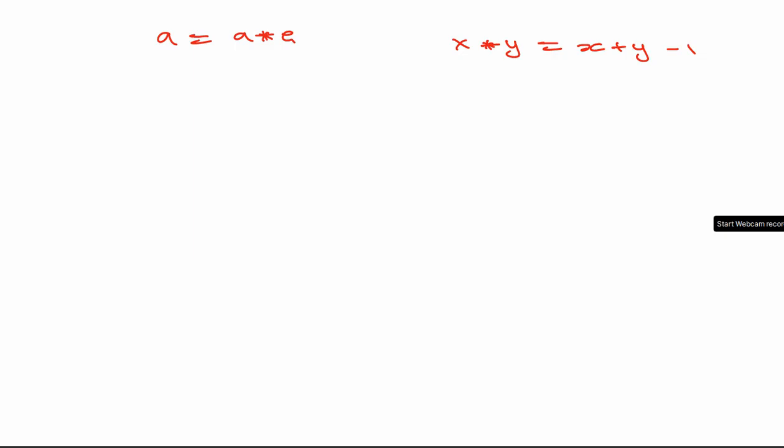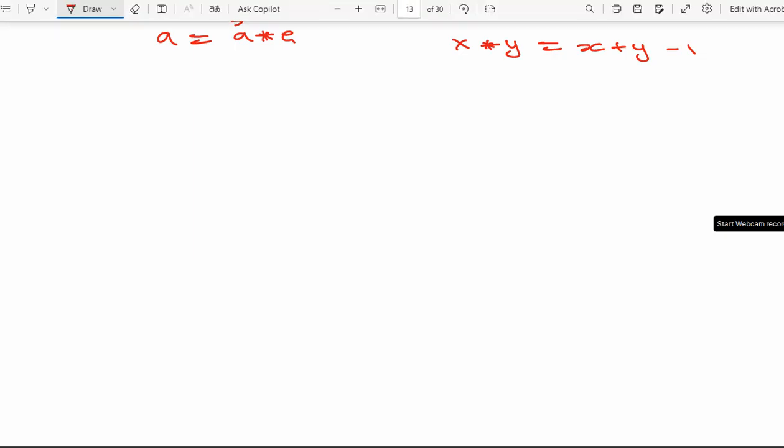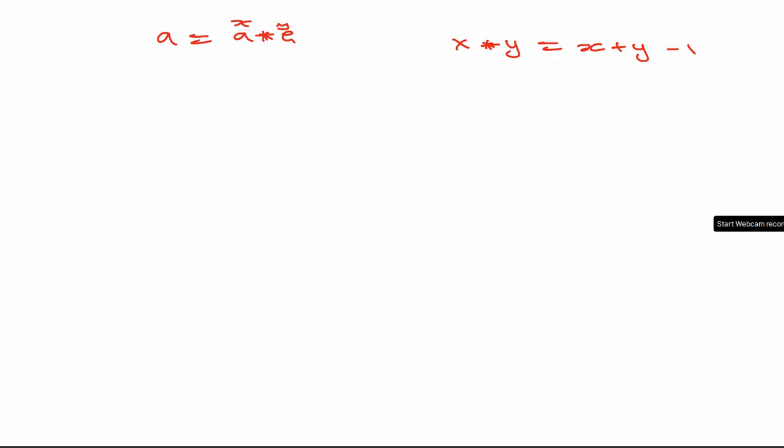This is what we shouldn't forget. So now let's look at this. This becomes our x, and this becomes our y. It is a matter of expressing in the formula.